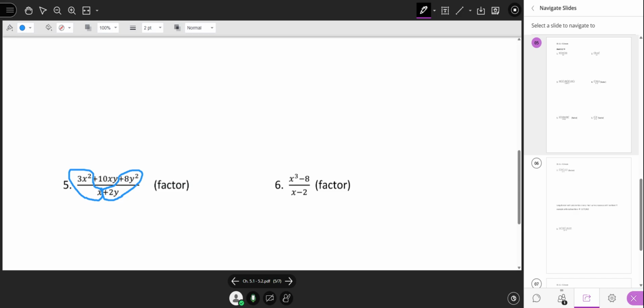So 3 divided by 1 is 3. X x divided by x is x. Positive divided by positive is plus. 8 divided by 2 is 4. Y divided by y is y.